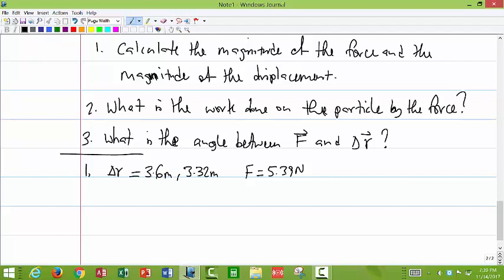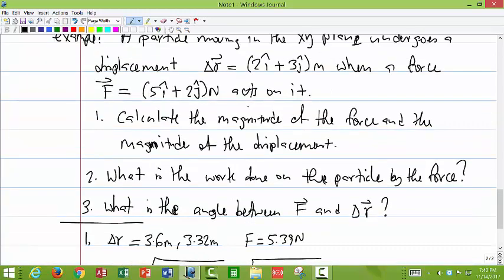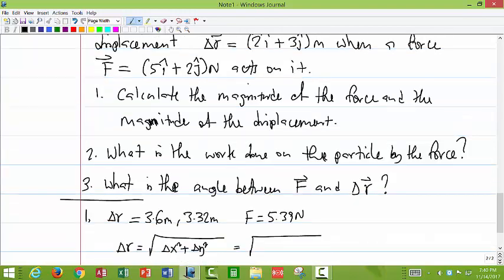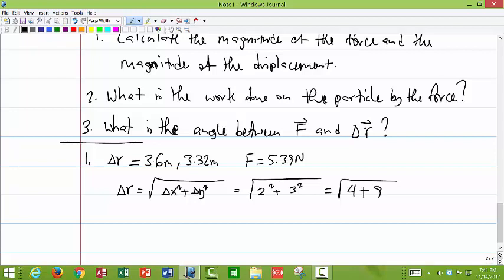Okay. So you can find the magnitude of delta R by taking the square root of delta x squared plus delta y squared. So for the displacement, 2i hat plus 3j hat, you just take the square root of 4 plus 9, which is 13. Okay, good.